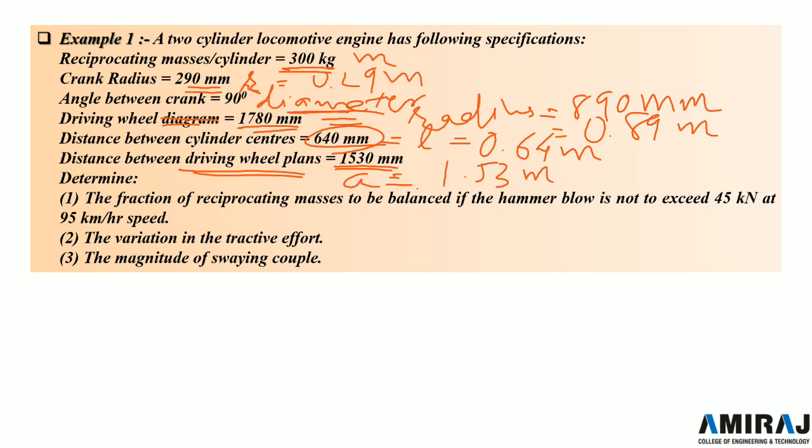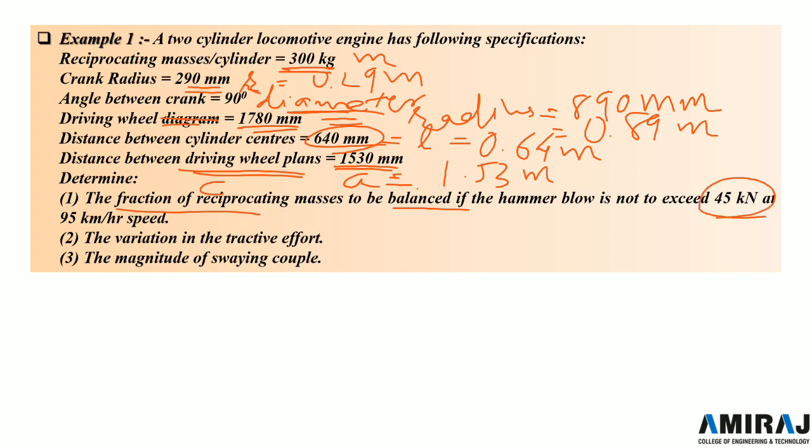We have to find the fraction of reciprocating mass, that is our small c, to balance, if the hammer blow is not exceeding 45 kilonewton.